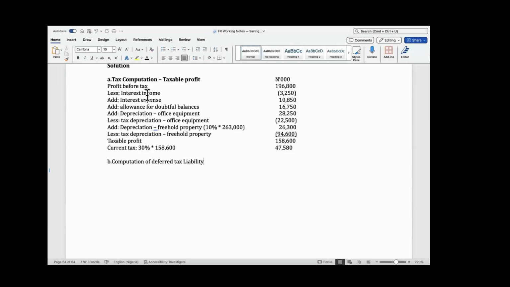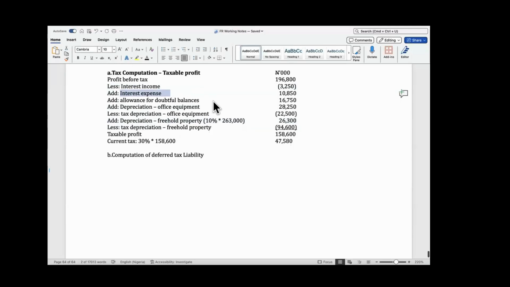Because there are a lot of items causing temporary differences here, like this interest income and interest expense, a temporary difference because the taxman will still allow or tax them in the future.